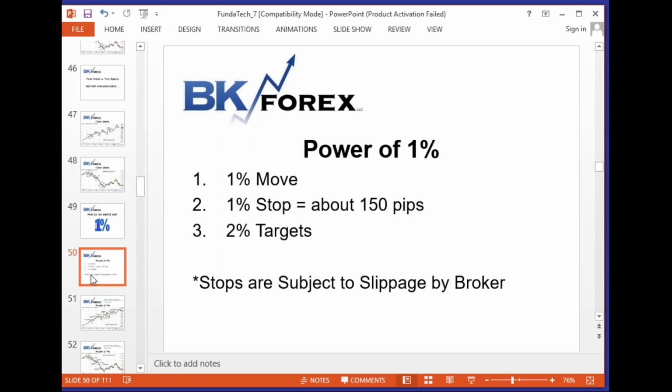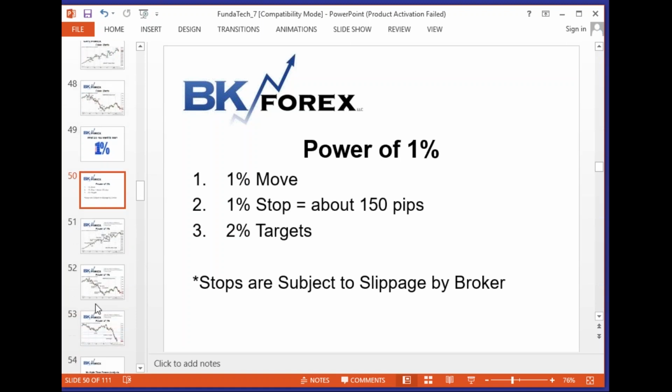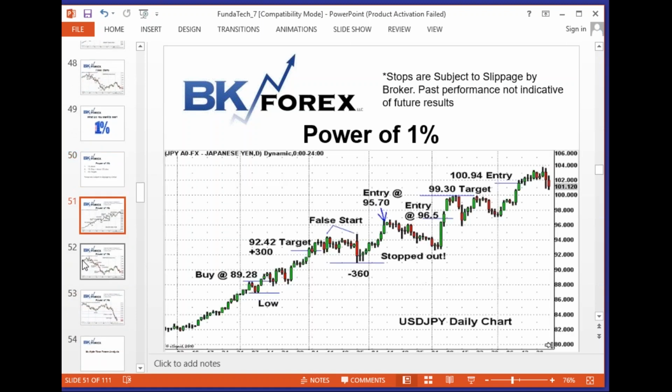This is a very simplistic way of looking at it. We'll look at it with more indicators and things like that a bit later on, but it's a simplistic way of filtering false breakouts and focusing on the true breakouts.